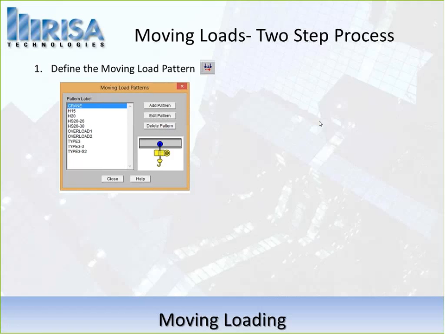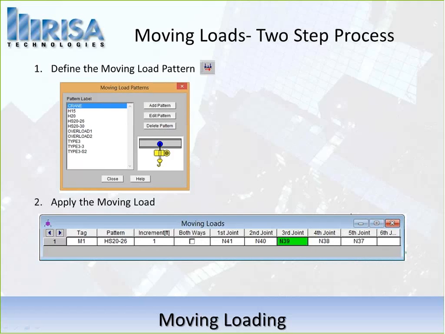We'll make one coming up here in a second. And then once you've defined that pattern, we're going to want to apply it to the structure. So we're going to tell the program which nodes specifically this load is going to be moving along.